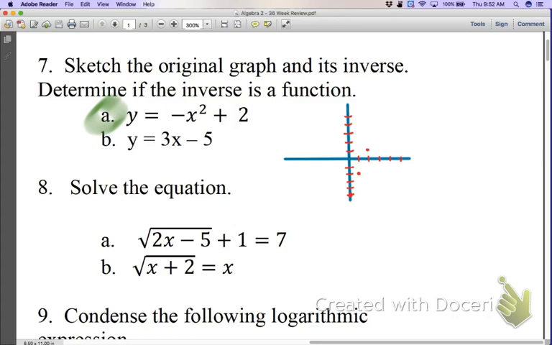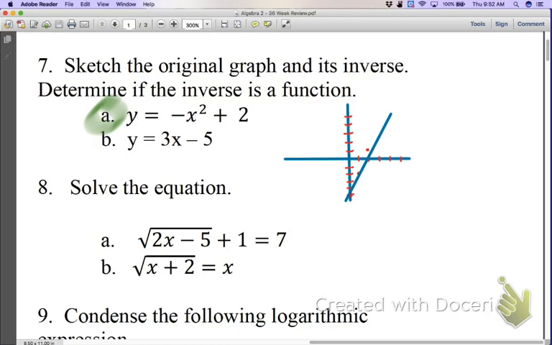One, 2, 3 over 1. So it's going to look something like that. Not perfect, but it's pretty close. So then if I flip it, it will be a function because it's a straight line, so it's only going to hit at one spot.